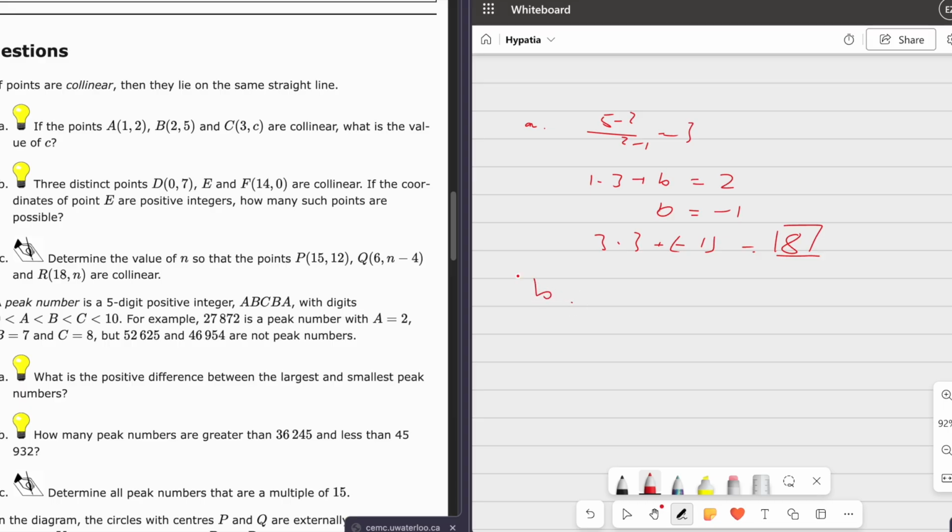Part B. Since we are looking for the coordinate of point E, a positive integer, this means we're looking for the point in the coordinate that is on the cross, the point on the cross, something like this.